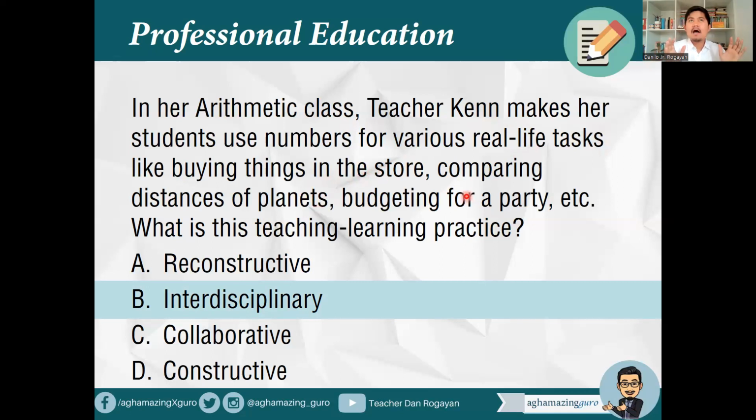So that means using mathematics in understanding other disciplines such as science, for example, in the case of planets, management of finance in the case of budgeting, and even commerce or production, in terms of buying in the store. So that would be interdisciplinary.